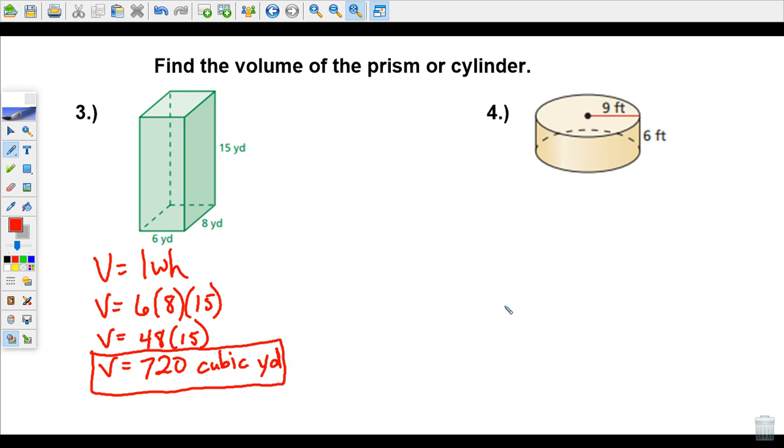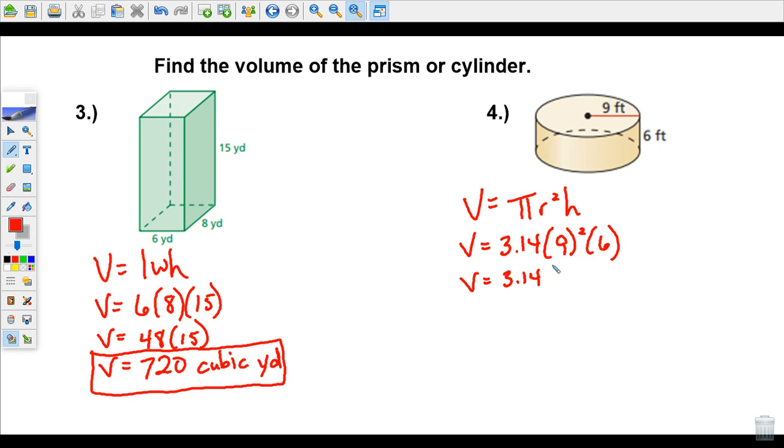And number 4, cylinder, volume equals pi times radius squared times height. Again, use 3.14 for pi. The radius is 9, so 9 squared, and the height is 6. Do the exponent first. 9 squared is 81. This time I'll just go left to right. 3.14 times 81.